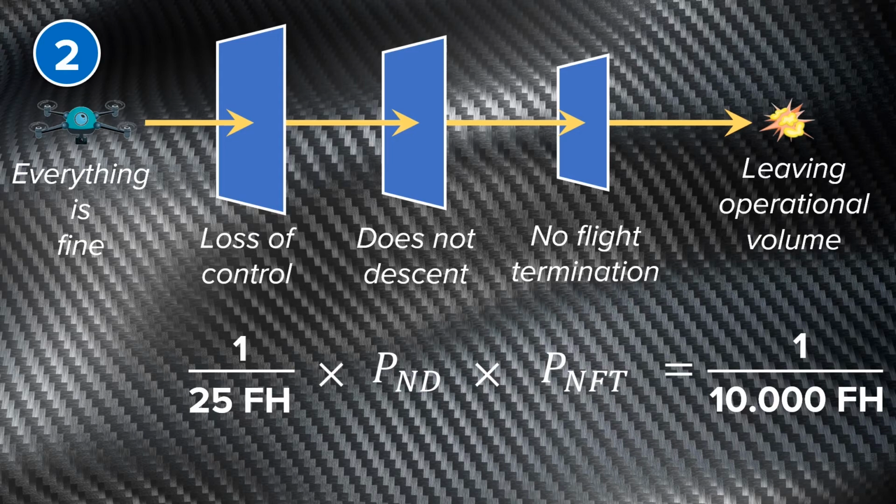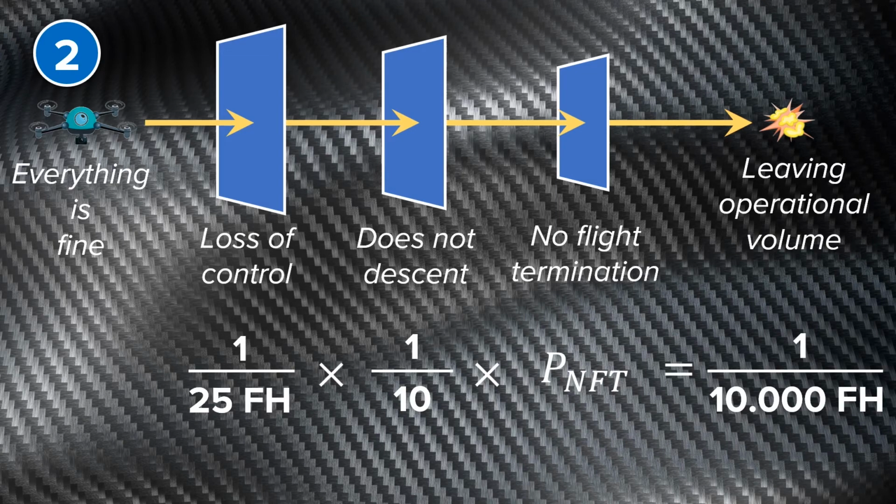For instance, loss of control due to the high wind or because the autopilot has a software malfunction or the home point is set incorrectly when radio contact is lost may all have the consequence that the aircraft does not descend, at least not inside the operation volume. A reasonable estimate of PND could therefore be that for every 10 loss of control events, one of them will not result in the aircraft descending.